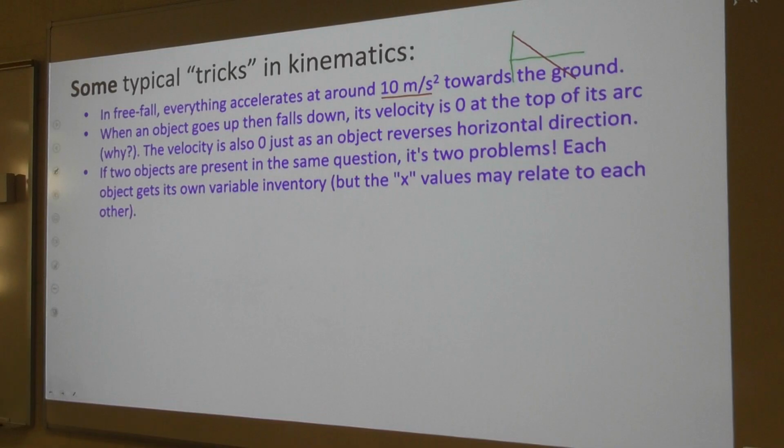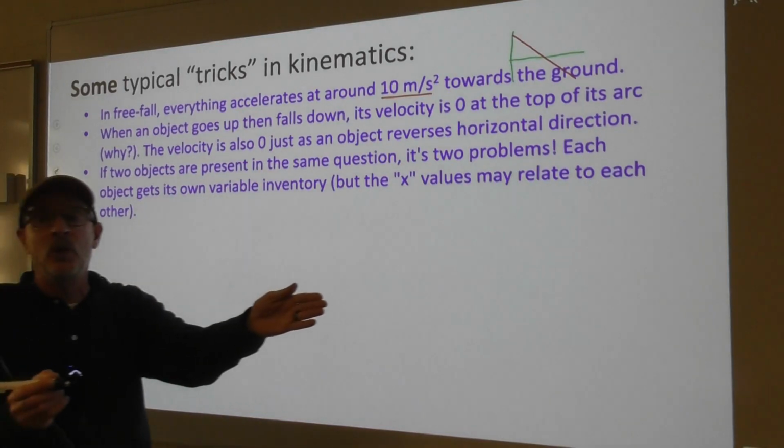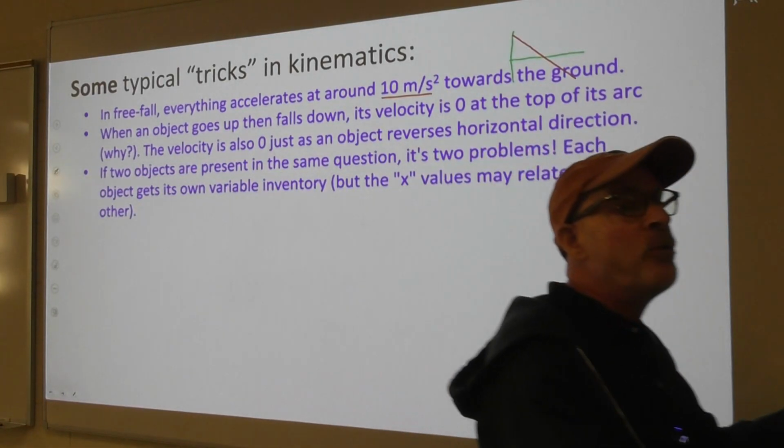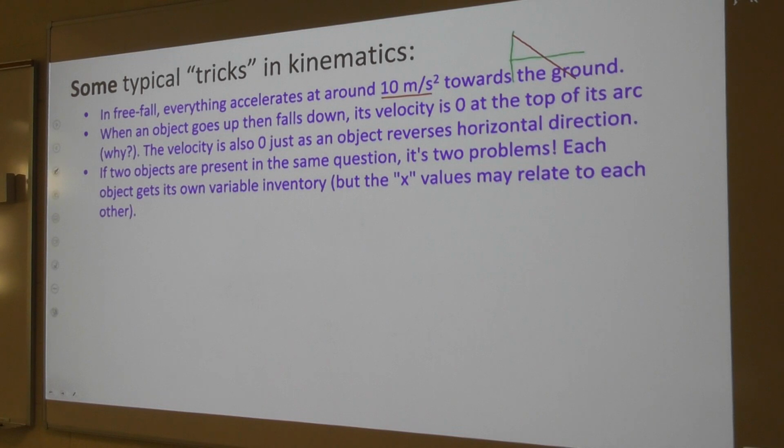Okay, next, sometimes we have two things, and there's a classic problem where you have a car that drives by a police officer. The police officer starts at rest, the car is moving at a constant velocity, the police officer accelerates at a constant rate, and the question is something like, how far will the car have gone before the officer catches up?